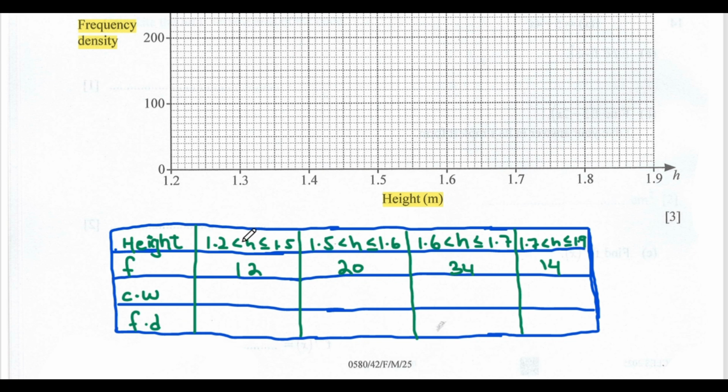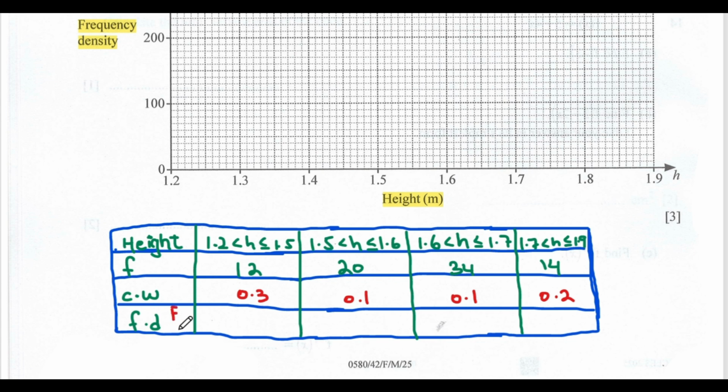The class width is the interval between upper limit and lower limit of the class, and you can calculate it by subtracting 1.2 from 1.5. So 1.5 minus 1.2 would be 0.3, which is your class width. 1.6 minus 1.5 is 0.1, 1.7 minus 1.6 is again 0.1, and 1.9 minus 1.7 is 0.2.